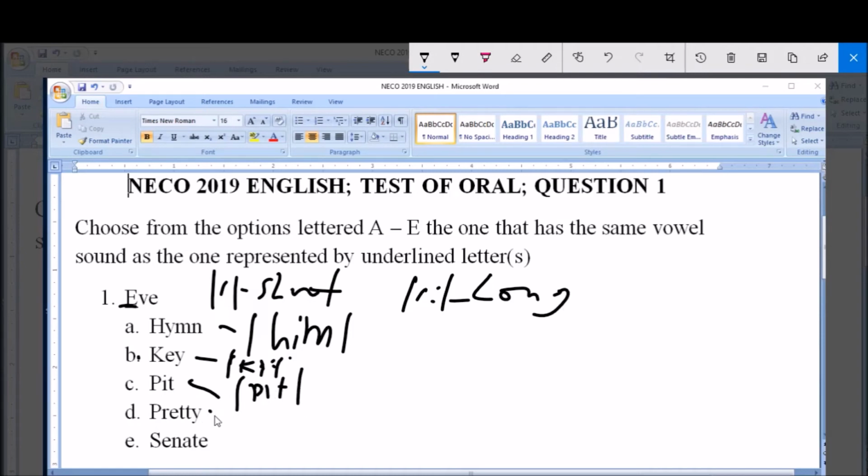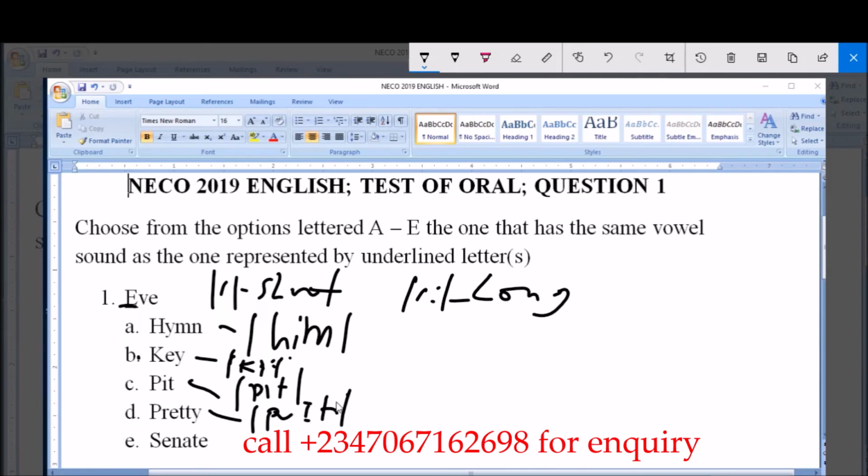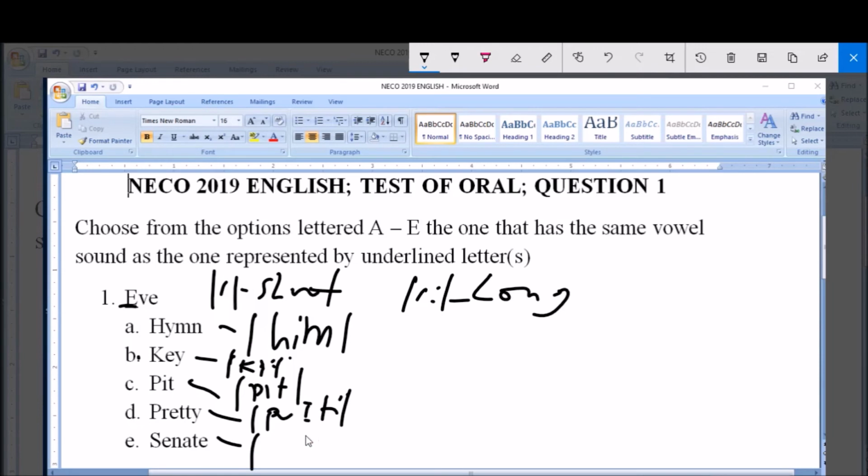Option D is pronounced as "pretty". Option E is pronounced as "senate". The letter A, yes, is represented by the schwa sound.